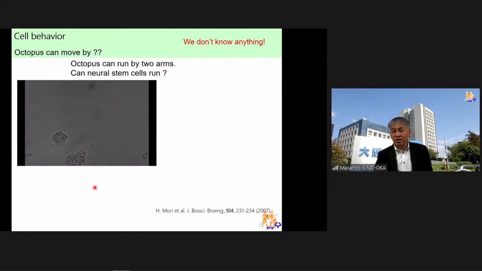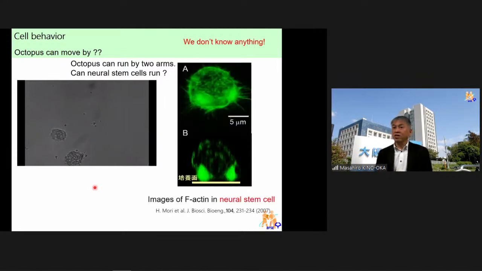Normally, they don't have any legs. So we were surprised and checked for legs by staining. They have legs on the culture surface, three-dimensionally, on the bottom surface. I was so surprised when I saw this.